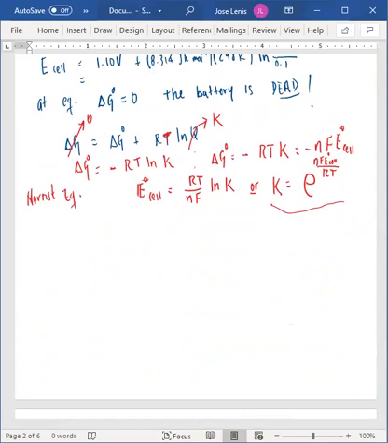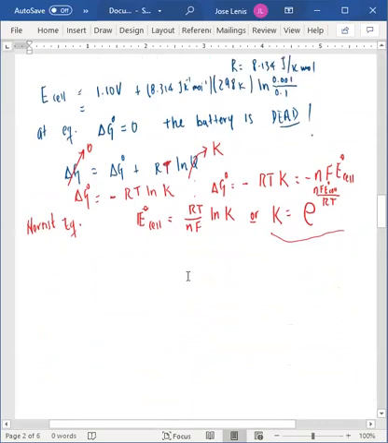So now we learn how to build a voltaic cell, how to write standard cell notation or line notation, how to find potential of the cell, how to find the free energy of the cell.